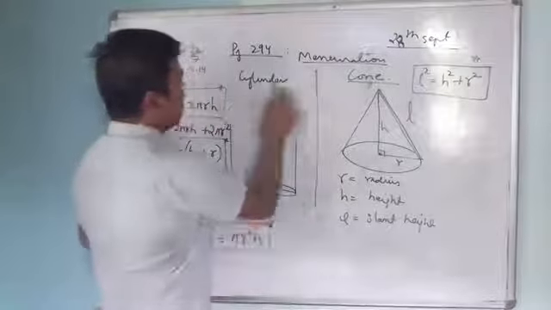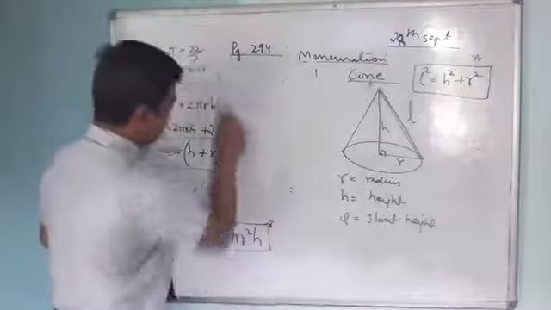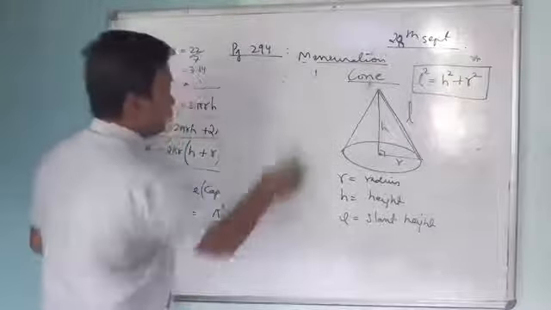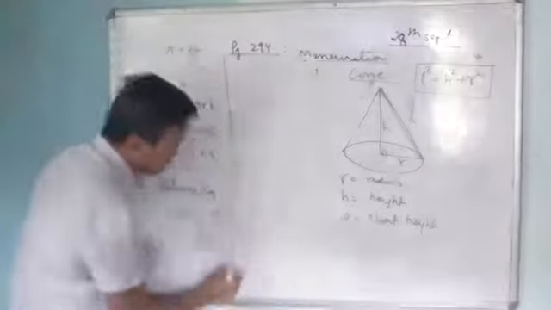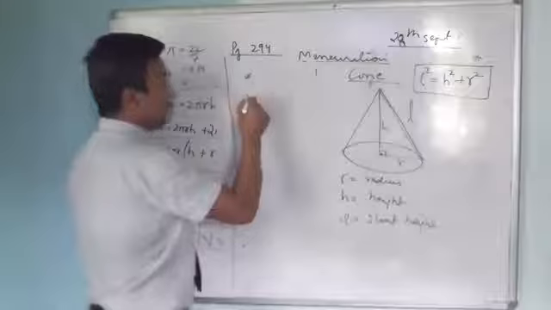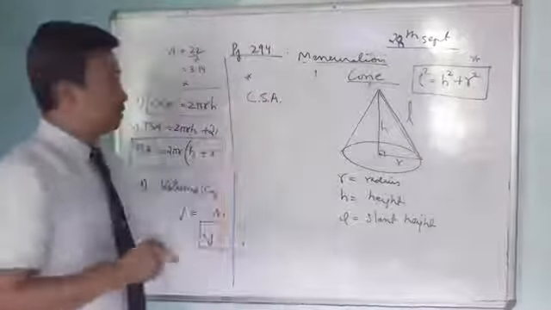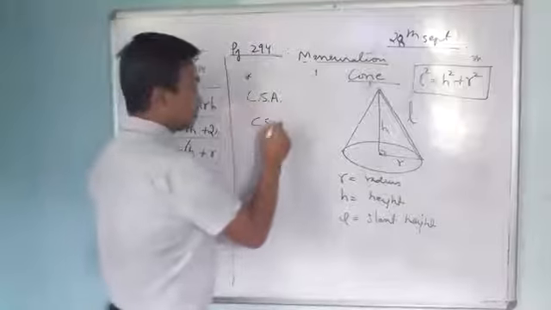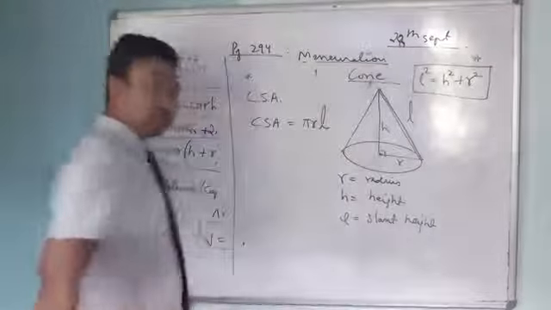Okay, let me rub out the cylinder here. We will only be focusing on the cone. So this is for the cone. I am writing CSA in short form. The curved surface area of a cone is given as pi R L.